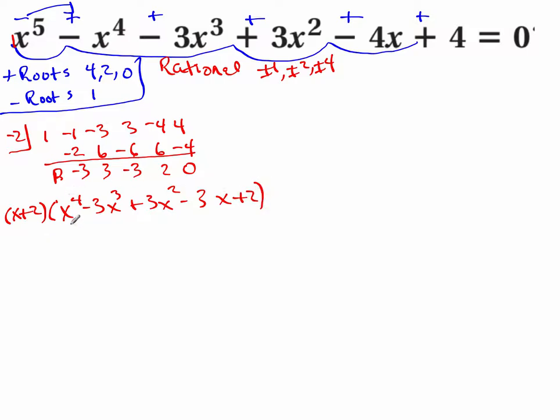Did I get those signs right? 1, negative 3, 3, negative 3, 2, 0. Okay, you remember, here is my remainder. All right, so I've got the only negative root possible.